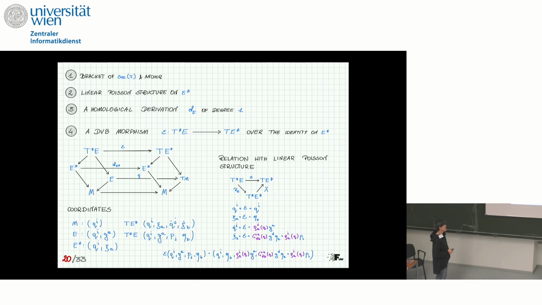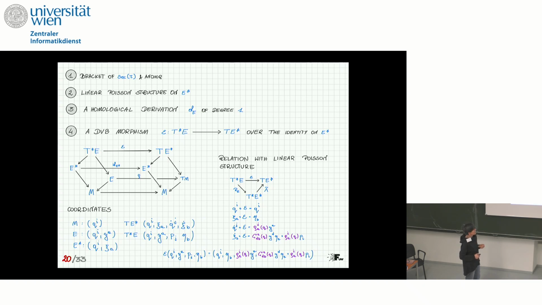And of course, it is not that easy to express the other conditions, so antisymmetry of the bracket and the Jacobi identity. The easiest way is to do it in the following way.